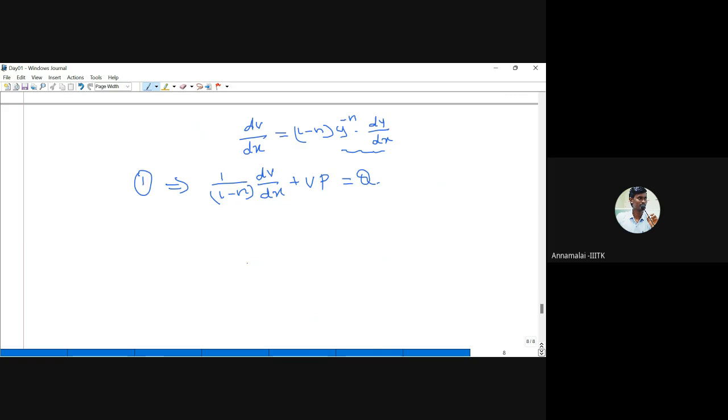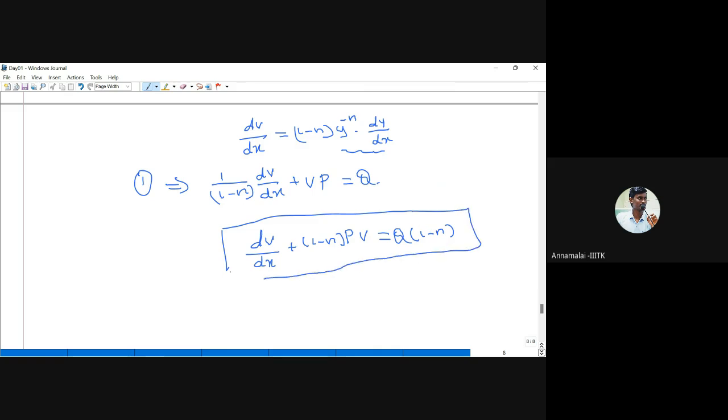Sorry, on the left-hand side also we have to multiply by 1 minus n, on all sides. Therefore we get dv by dx plus 1 minus n times p times v equals 1 minus n times q. This is a new equation. Maybe we call this p dash and this q dash. So the new equation is of the form dv by dx plus p dash times v equals q dash.